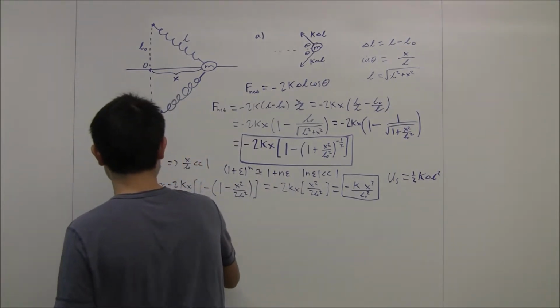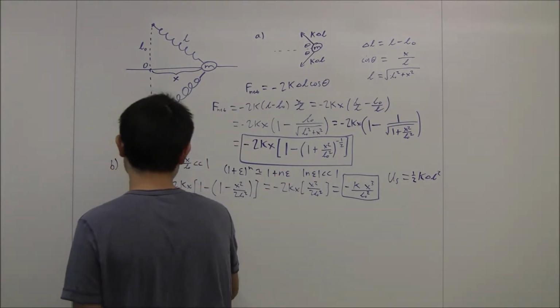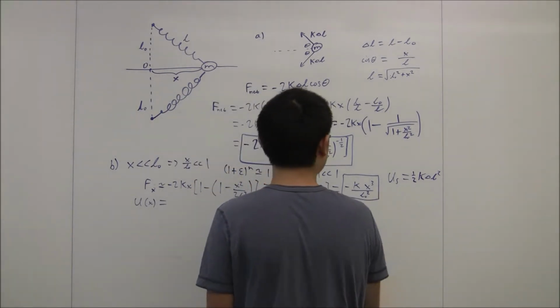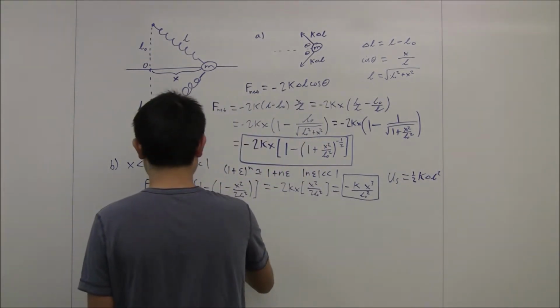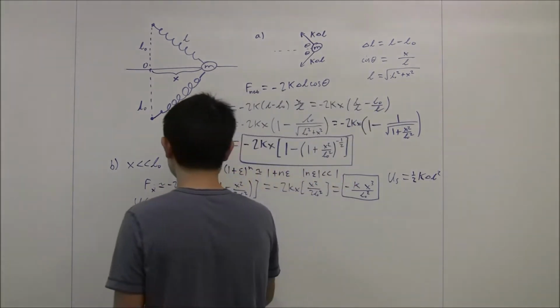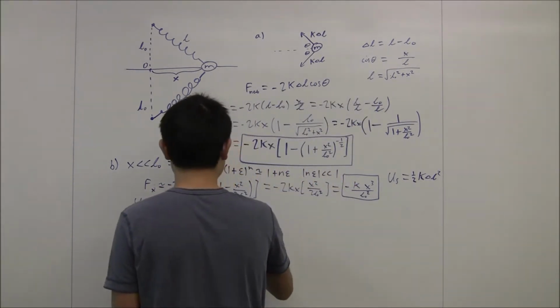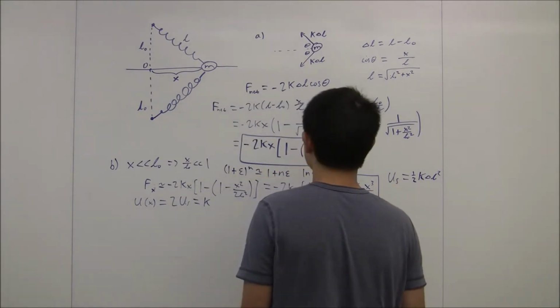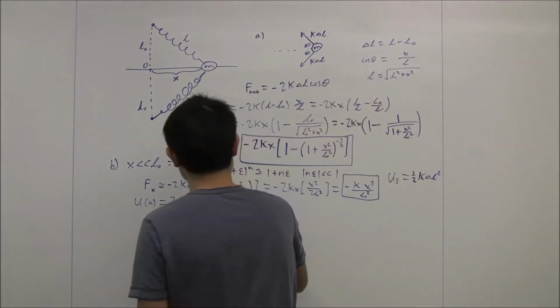So the total potential energy as a function of x is 2 times that, since there are 2 springs, which is just k times delta L squared, where delta L is L minus L naught.